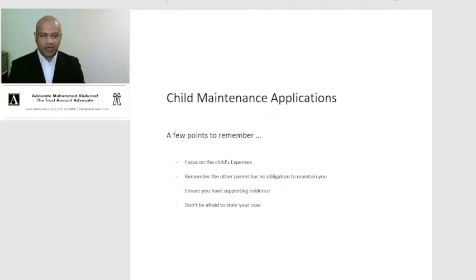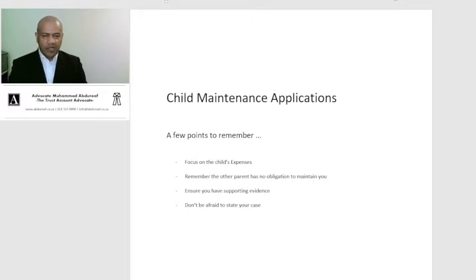Therefore, your 500 Rand will be used partly towards the accommodation, food, clothing, and so on, and the other parent's 500 Rand would be used for exactly the same. But he or she would only pay 500 Rand, not 1,000 Rand plus, 1,001 Rand. Maximum 1,000 Rand, but in my scenario, 500 Rand.